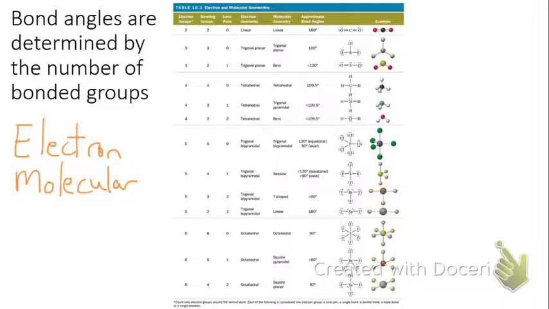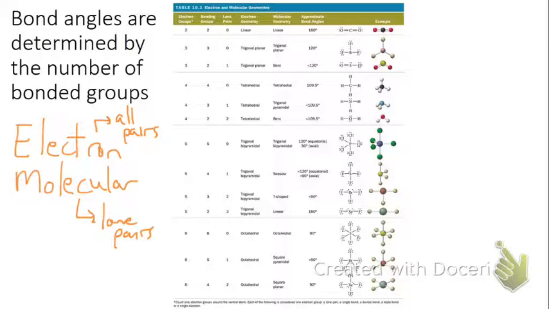We'll talk about molecular geometry, or molecular shape, in a minute. Molecular shape deals with lone pairs. Electron geometry deals with all pairs, whether they're lone or bonding. So, let's look at this table and see what it tells us.